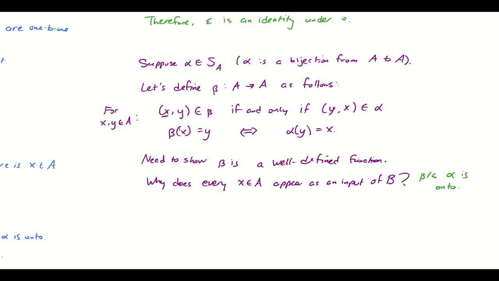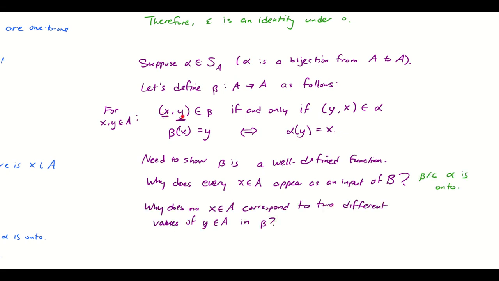And then the other thing we need to show is, why does every x in A appear only once as an input? That is, no input corresponds to two different values of y in beta. Okay, so why does no x correspond to two different values of y?